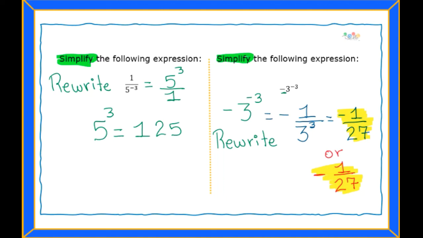If you prefer to write the rule, we can do that. My rule says, if a is raised to a negative power, I need to rewrite it as a fraction. The fraction will be 1 over the same base, same exponent, but the exponent turns into a positive exponent. Very good.